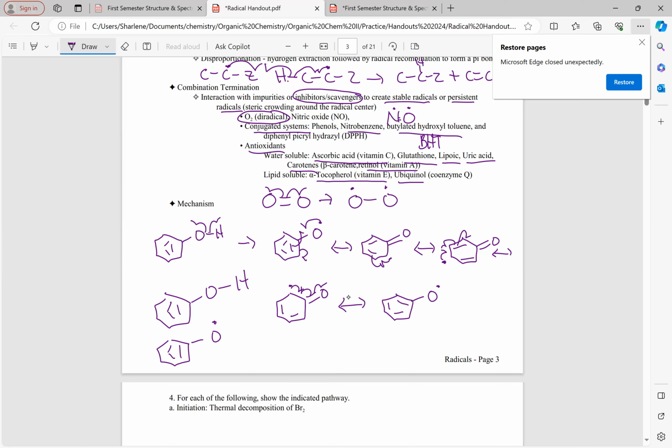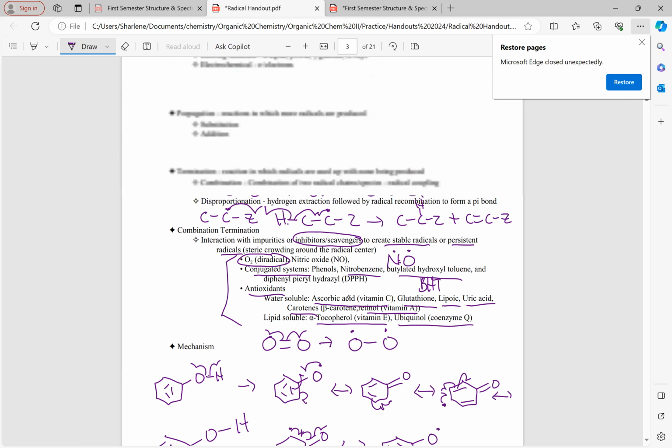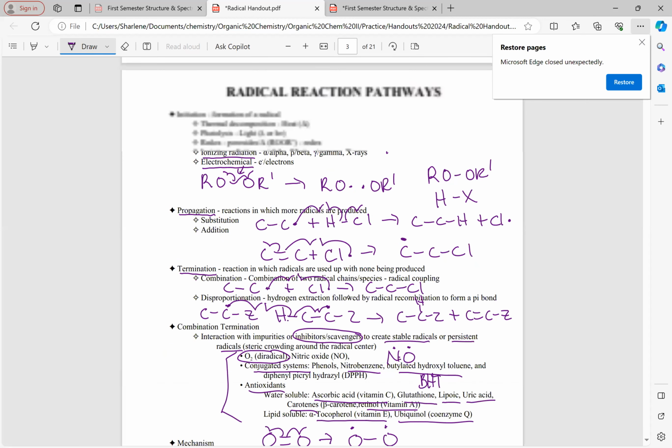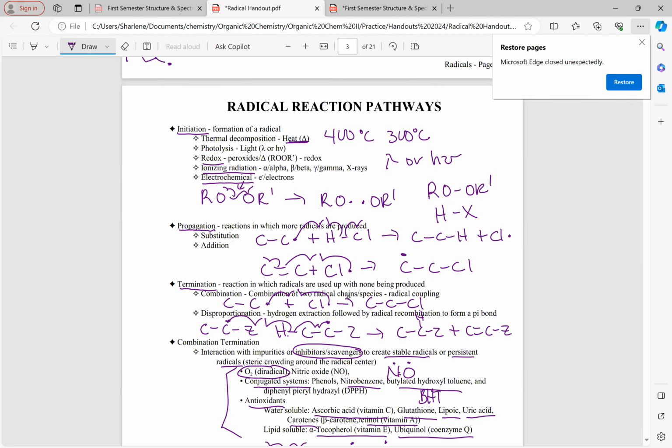I don't even know how to pronounce that correctly. The key is they have to have something in there that will act as the radical sponge. There's a whole biological section at the end, so we'll talk about those structures later. But in a nutshell, you have to have initiation, you have to have propagation, and you have to have termination.